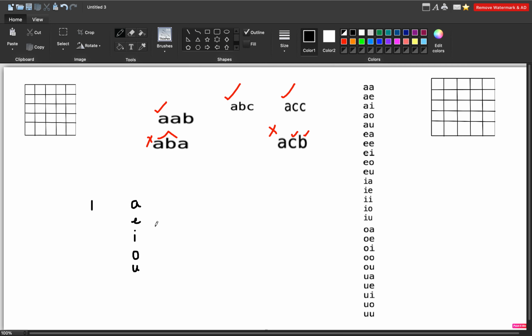We have written all the strings of length 1, and we will be checking if they are lexicographically sorted. Since the string has only one character, yes, it is lexicographically sorted by default. So the number of strings are 1, 2, 3, 4 and 5. So for this test case our answer will be 5.